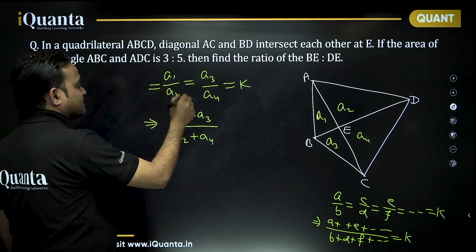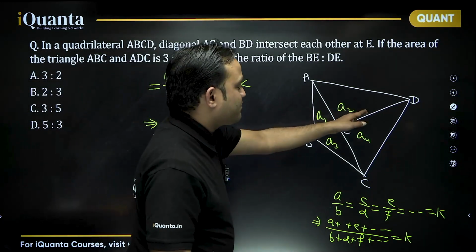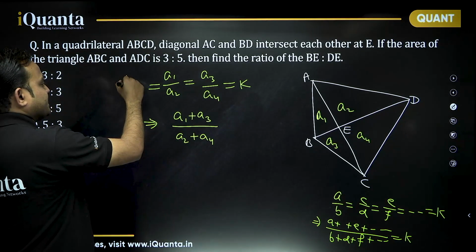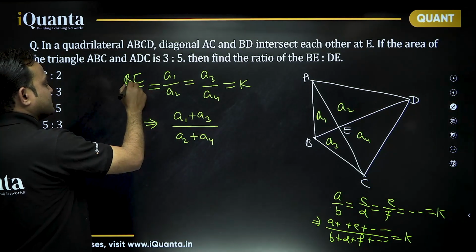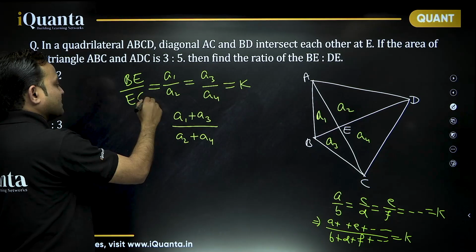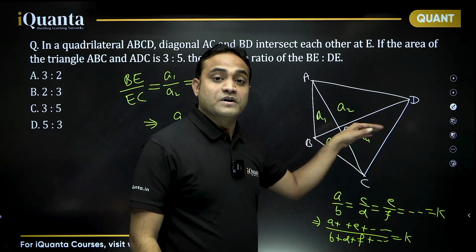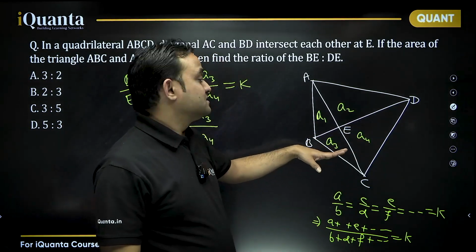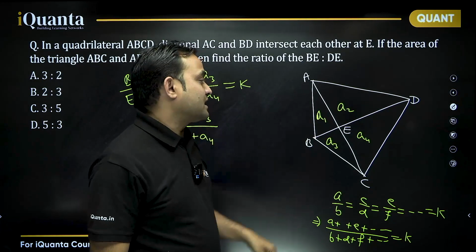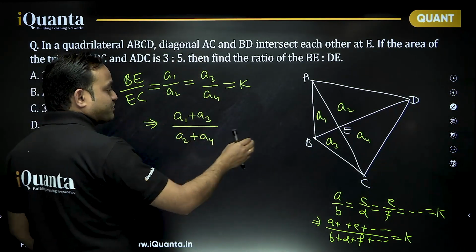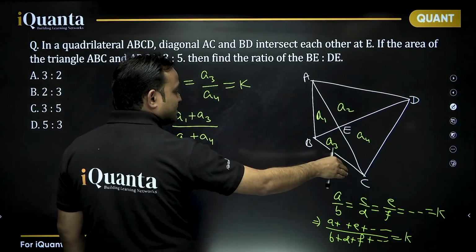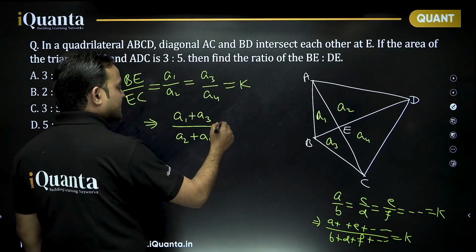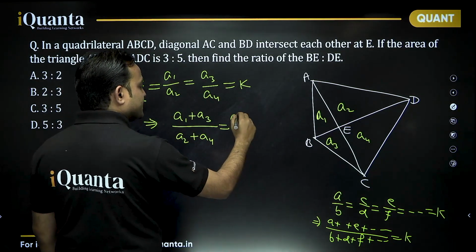And see, this value A1 upon A2 is nothing but BE upon EC, right? Because in any triangle, the ratio of the base is same as their corresponding area of the triangles.